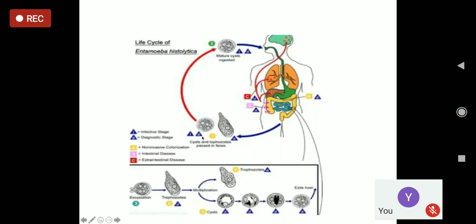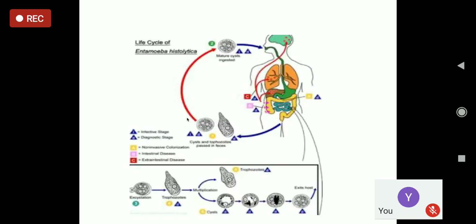But this cyst, which contains initially a single nucleus and then two nuclei and four nuclei in the environment or in the soil. In soil, depending upon the environmental condition, they can survive for days, 10 days.